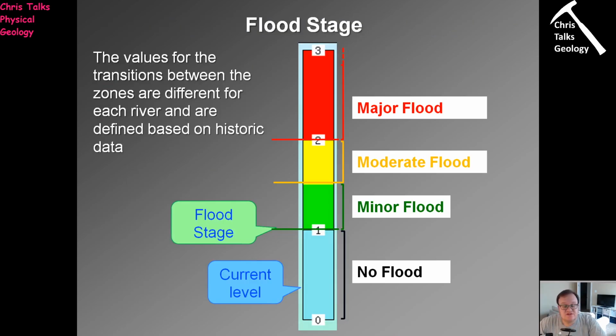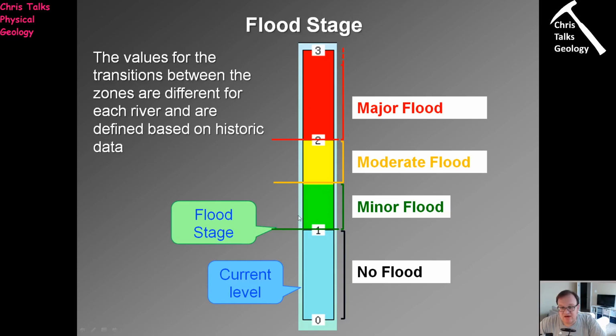So as we've discussed, sometimes if you see the flood stage, you will see them color coordinated, and these are the main colors and the way they're split up. So at the bottom here we have the blue area, that's referred to as current level, that's no flood. Essentially that's when everything is pretty much okay.